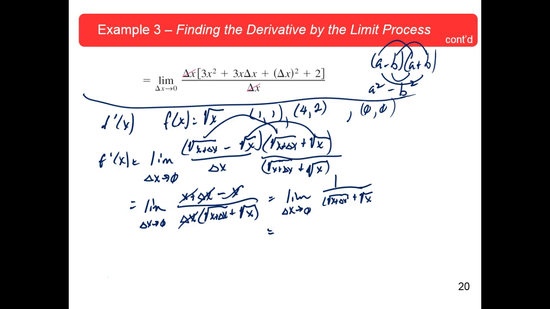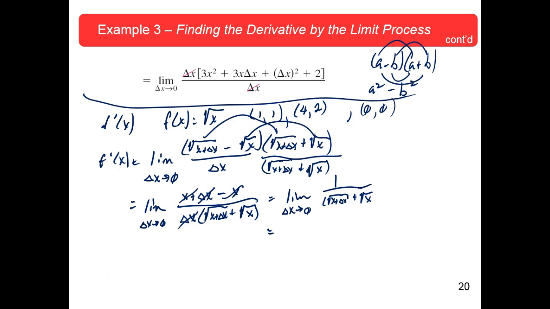As delta x goes to 0, this approaches the square root of x, plus the square root of x, which is 2 square root of x.